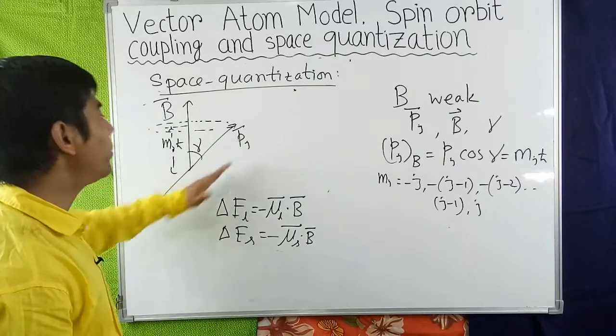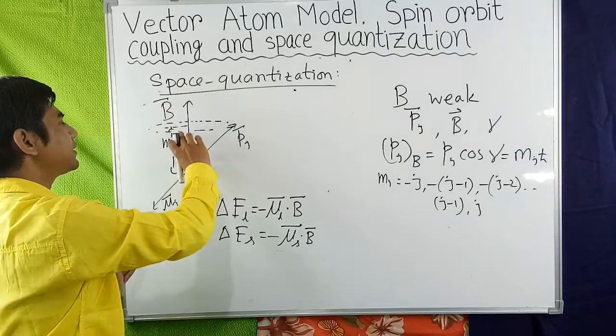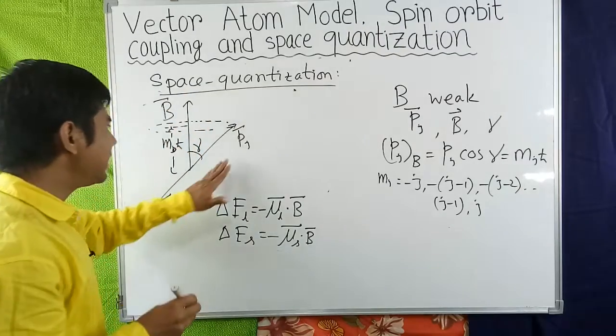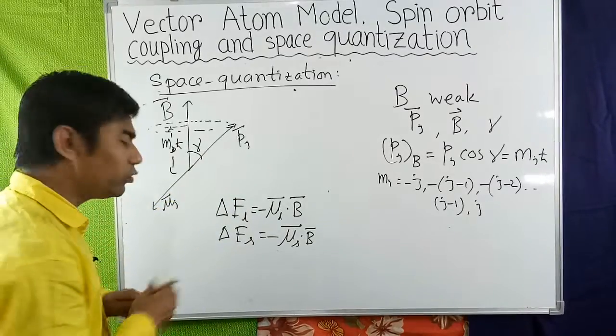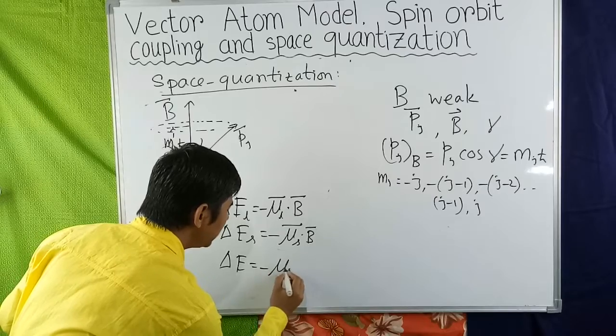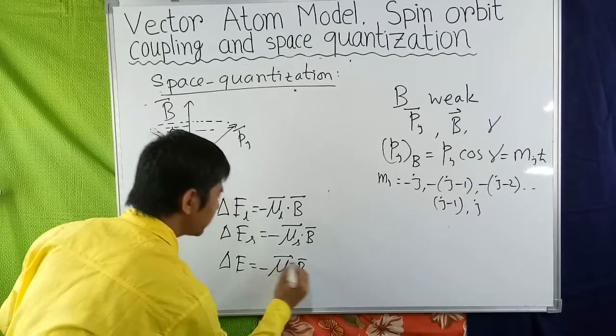That is, the projection of PJ on the direction of B, MJ into h cut, is quantized. And in this case, the additional energy will be delta E equals minus mu J dot B.